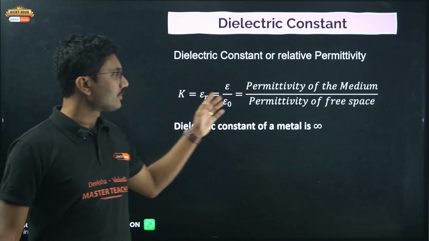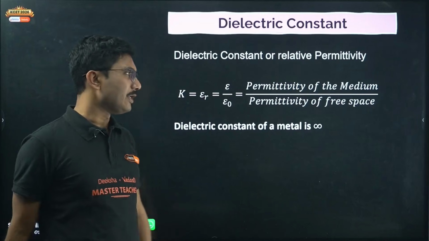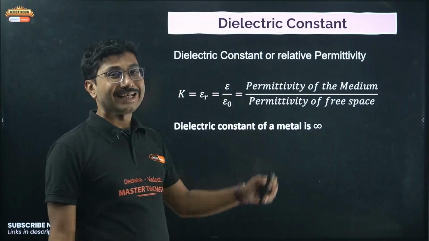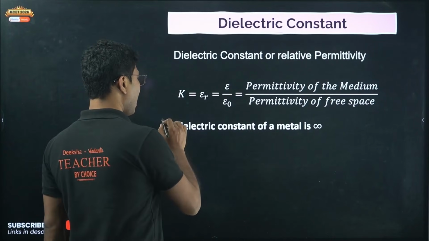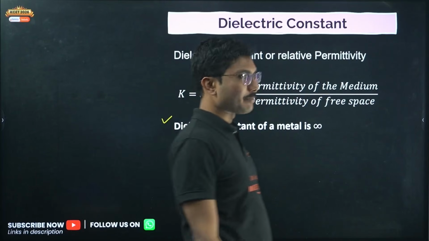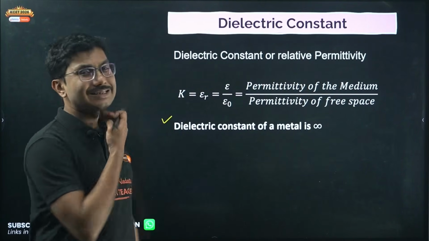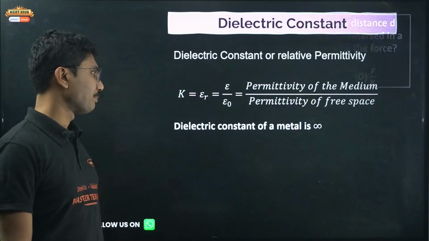So the dielectric constant is given by the permittivity of the medium divided by the permittivity of free space. The dielectric constant of metals is infinity. Based on this, one objective question came in one of your district papers a few years back, so that's why I have included it. The dielectric constant of metals is infinity, not zero but infinity.